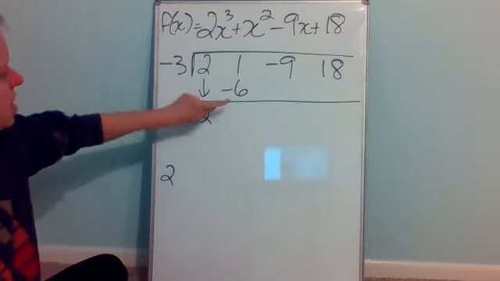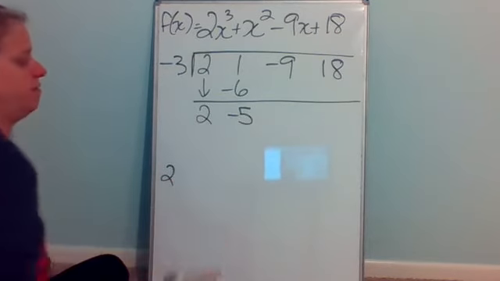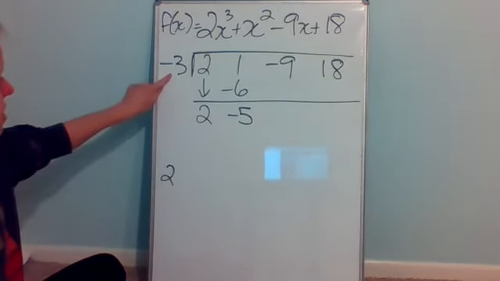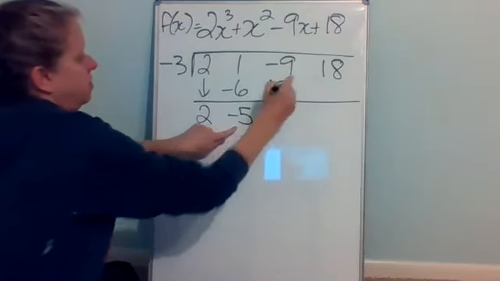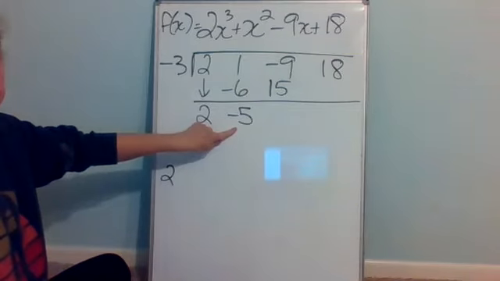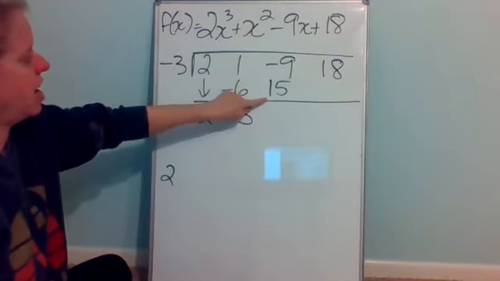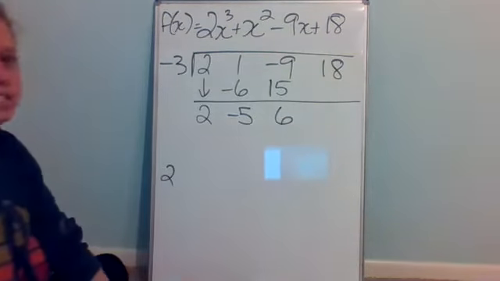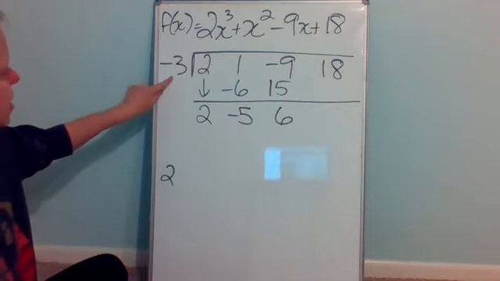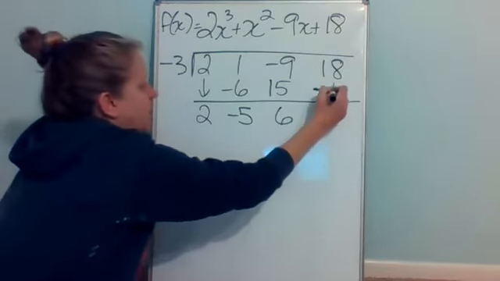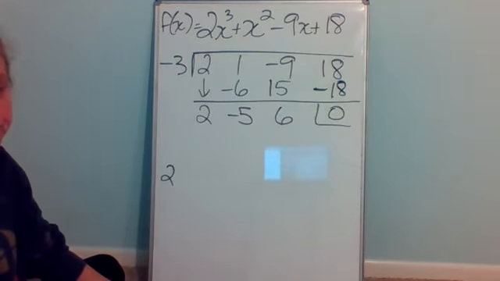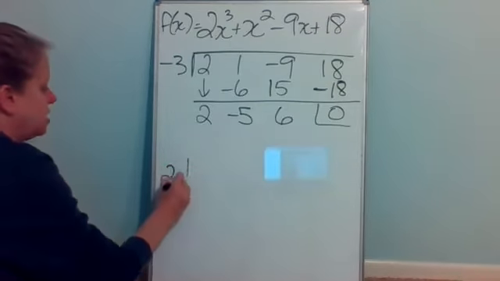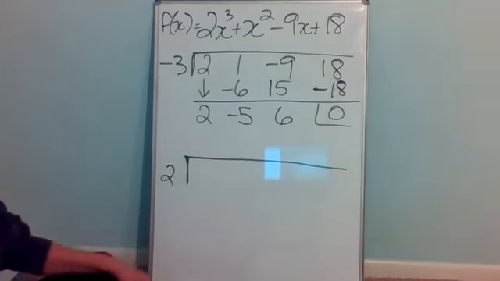Add that down. 1 and -6 gives me -5. -3 times -5 gives me +15. -9 plus 15 gives me 6. And the last one, -3 times 6 gives me -18, which means I'm left over with 0. So there's the -3. Let's do the same thing with the 2.